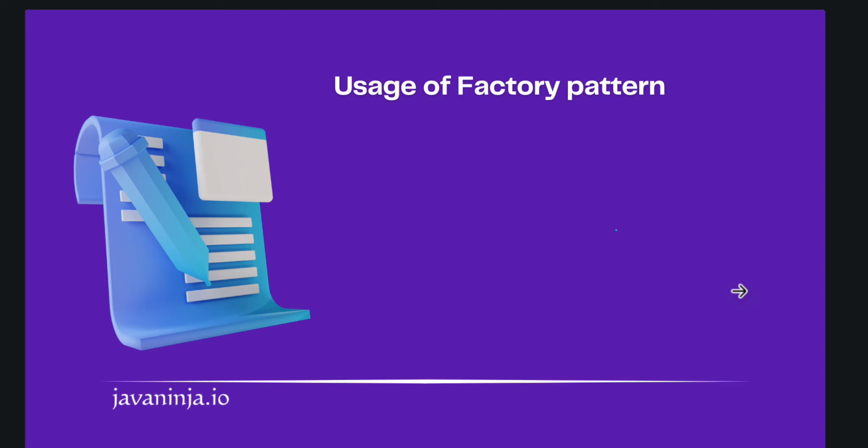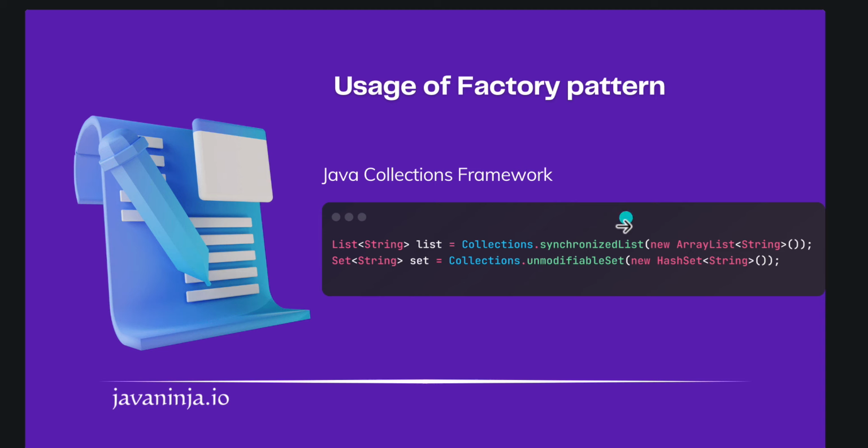Let's see all the places where the factory pattern gets used within Java. One example is collections. In Java collections, you might have seen code like synchronizedList, unmodifiableList. This uses the factory pattern. The Java Collections Framework uses the factory pattern to create instances of various collection classes.